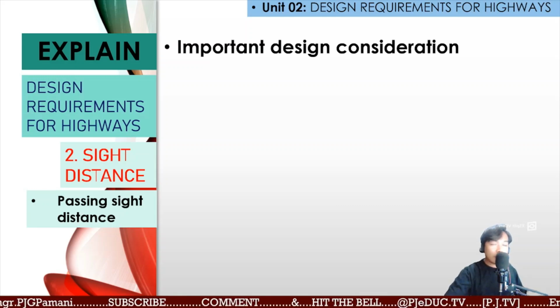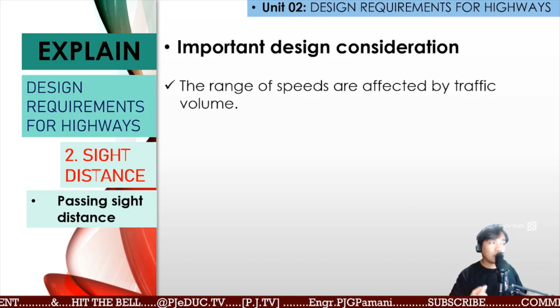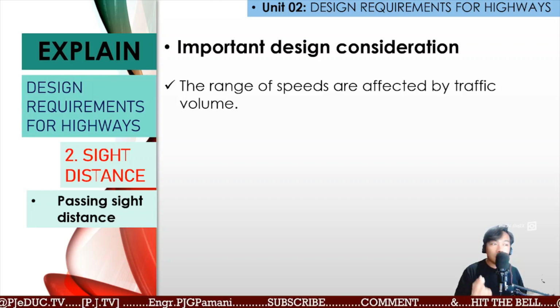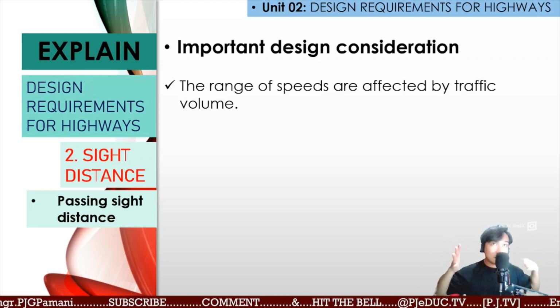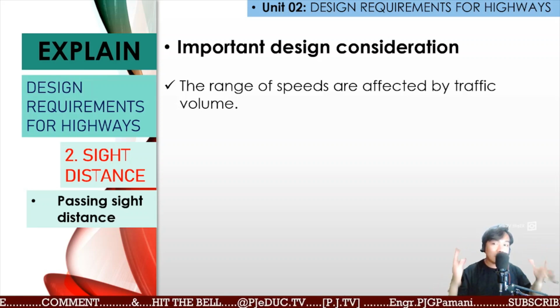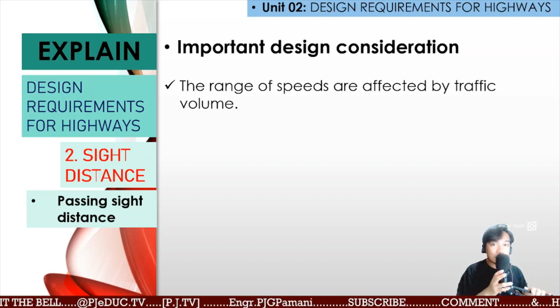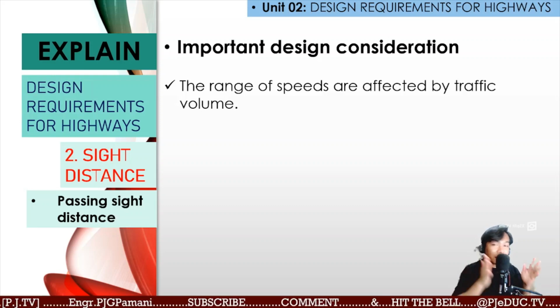Okay? Important design consideration when it comes to designing PSD. The range of speeds are affected by traffic volume. So, kung mas maraming lane, mas maraming volume ng vehicle. So, mas magiging mahirap yung design speed natin when it comes to passing sight and stopping sight distance. Then, mas masikip na kalsada, mas mahirap mag-overtake.